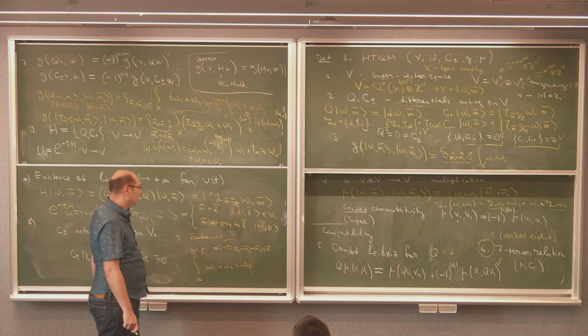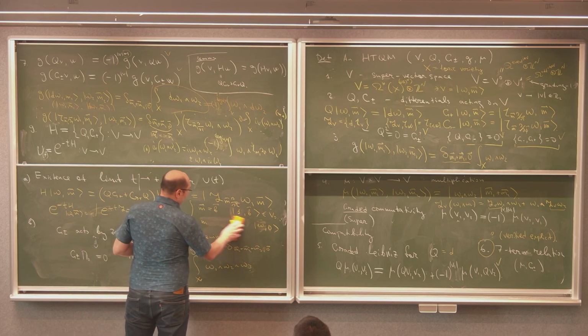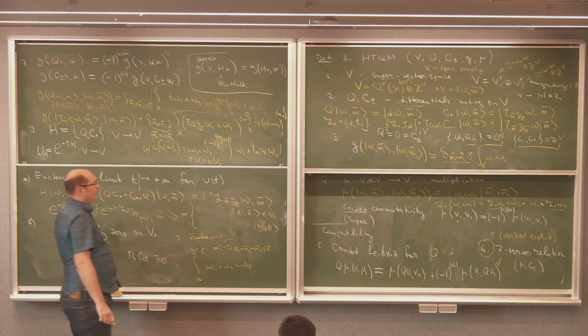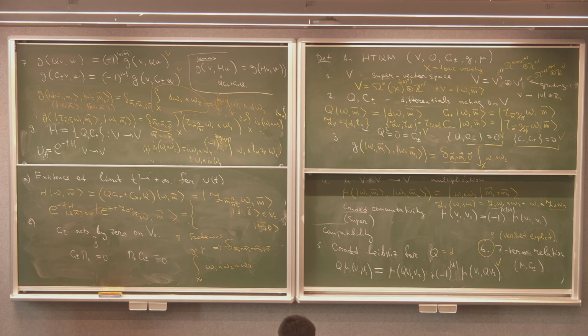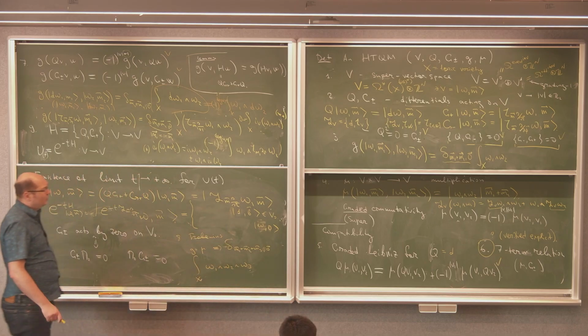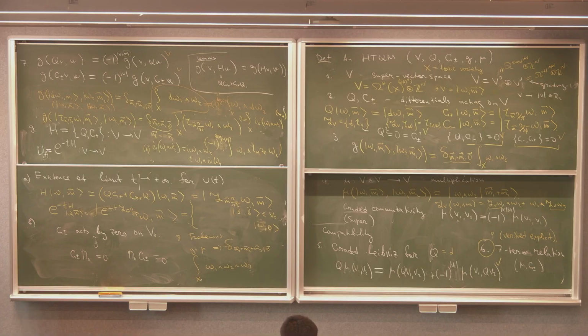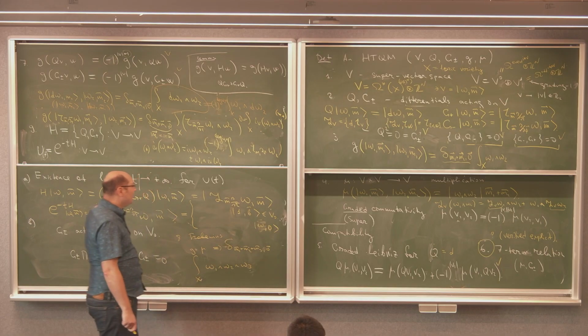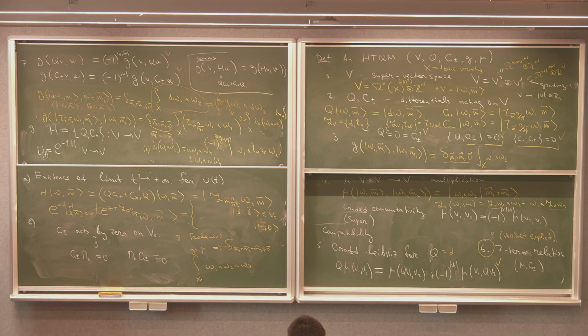So these things are always in V naught. Then if the vector is not proportional to b, the limit exists only for omega equals 0, and if the vector equals b, then the limit exists for constant forms.